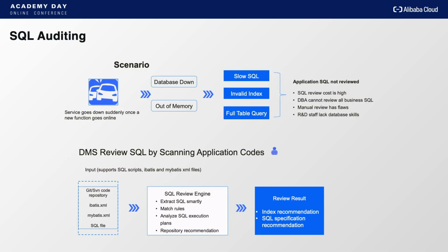And in addition to just the log auditing, we also provide the functionality for SQL auditing, right? So scenario-wise, think of maybe one day your database goes down all of a sudden, right? So what are the possible reasons for database going down? It all boils down to the lack of application level SQL reviews.